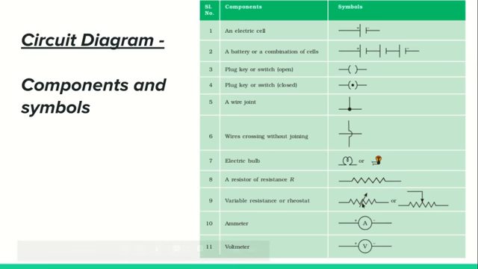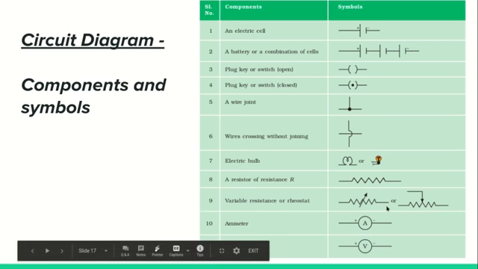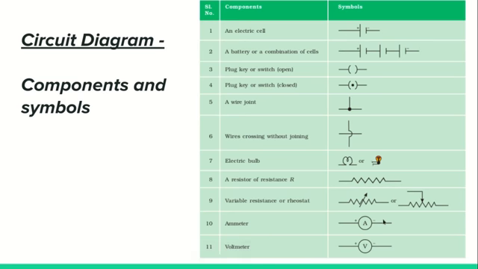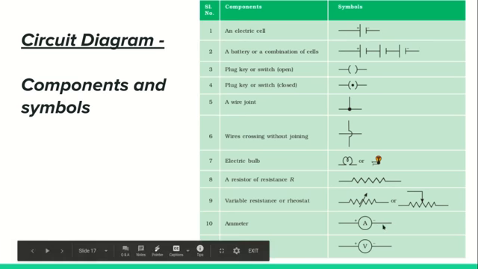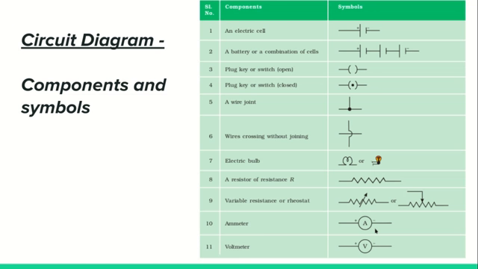This is a resistance and this is a variable resistor or a rheostat. And we have already learned that current is measured using a meter. To represent an ammeter, we have to represent it in this way with an A written inside a circle. Similarly, the potential difference is measured using a voltmeter.